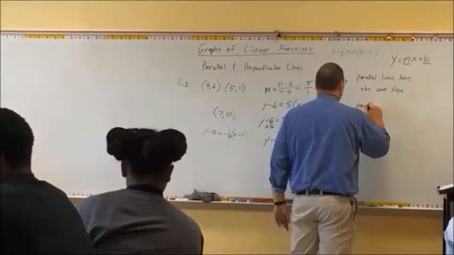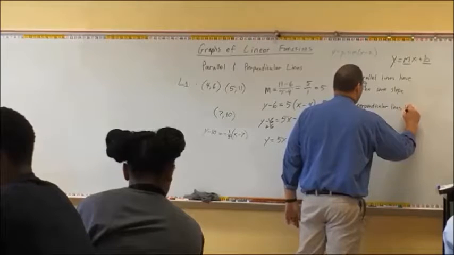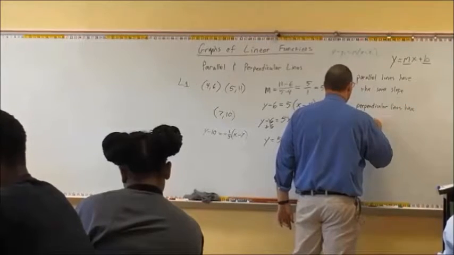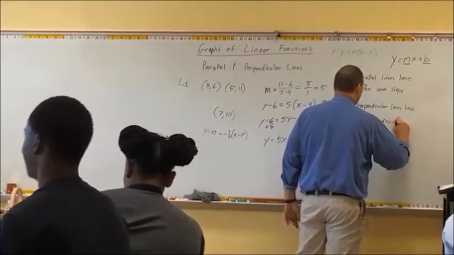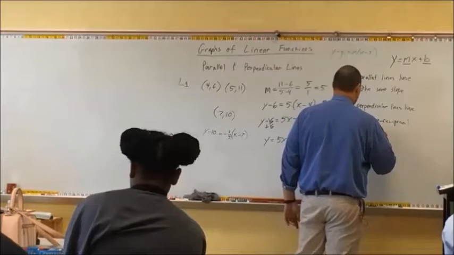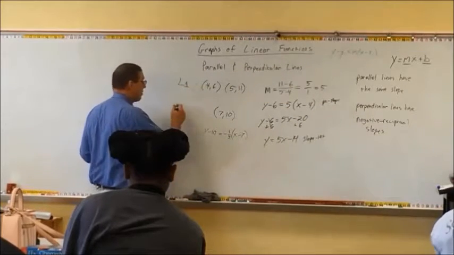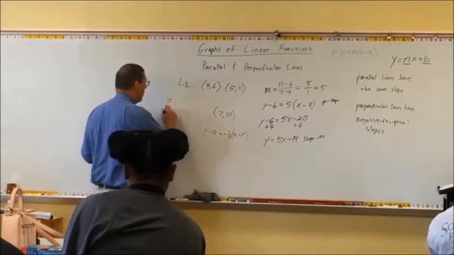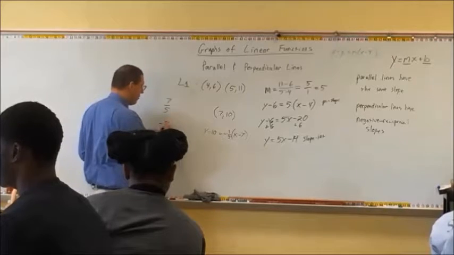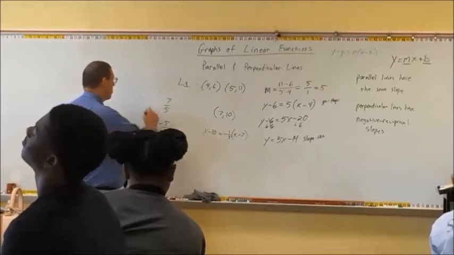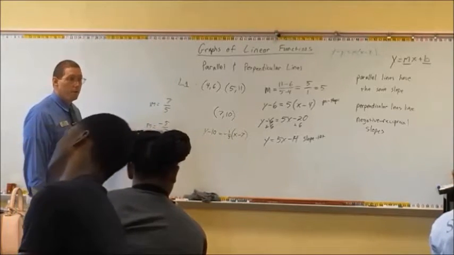Perpendicular lines have negative reciprocal slopes. So, if a line has a slope of 7/5, what would the slope of any perpendicular line be? Negative 5/7. There we go. These are slopes of perpendicular lines. Okay?